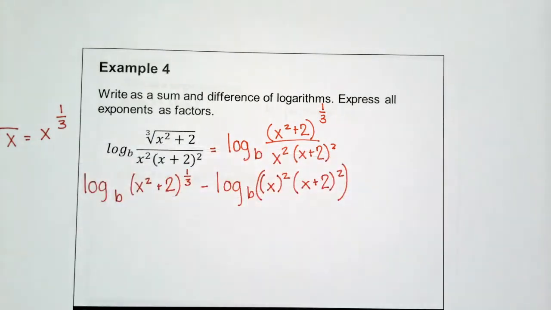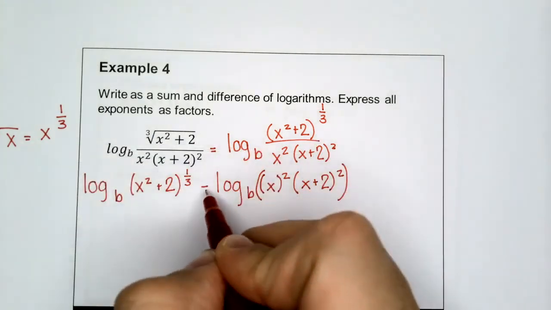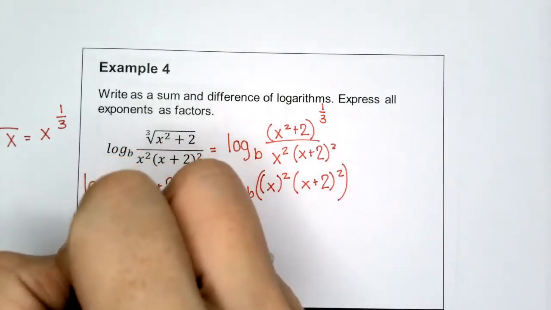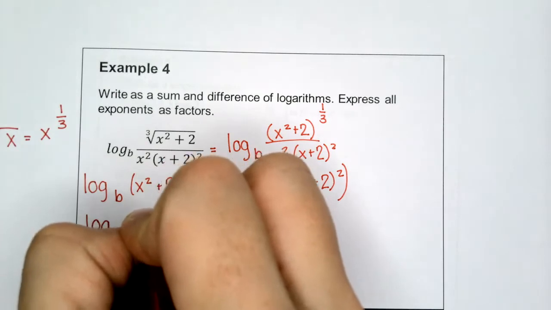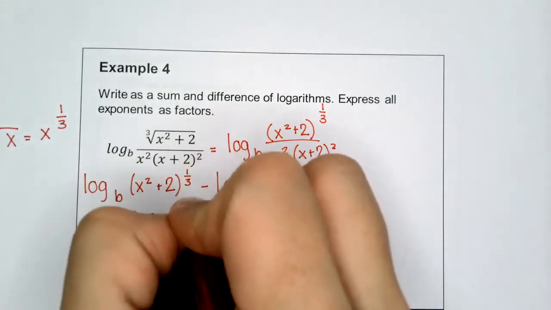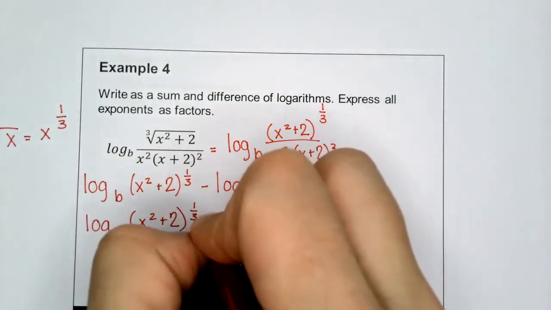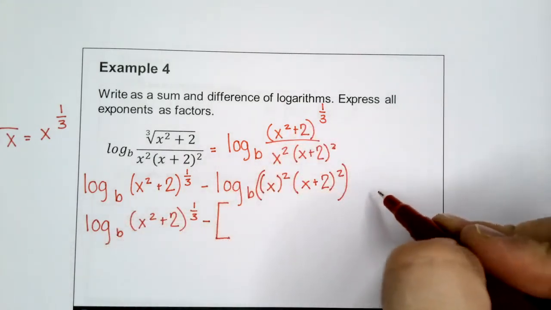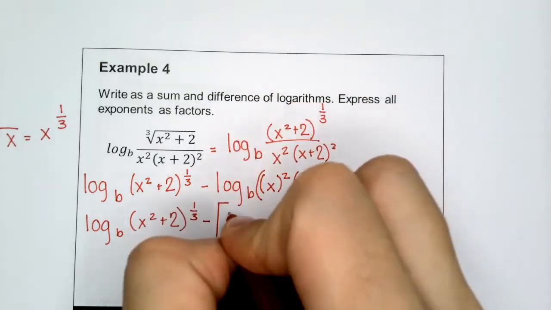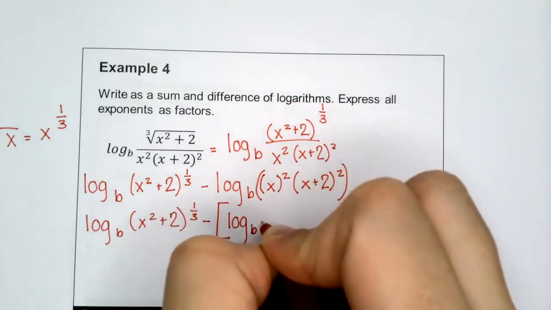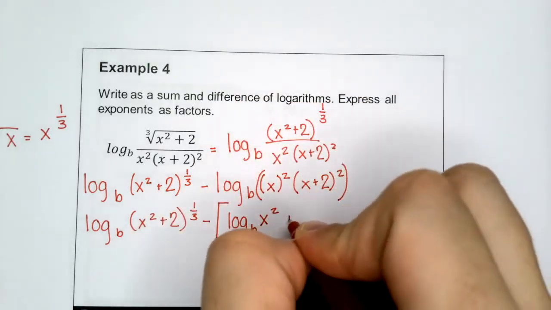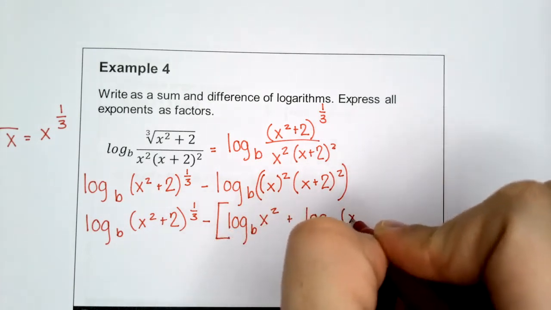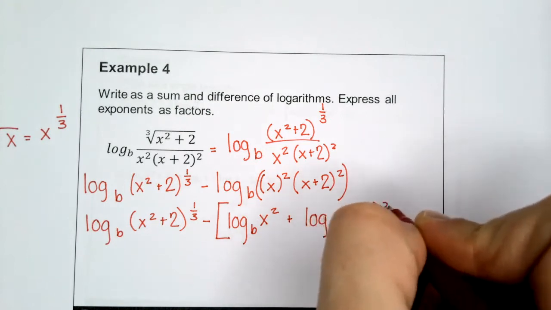So I'm going to rewrite that as an addition. So we have one subtraction and we'll have one addition. So we have log base b of x squared plus 2 to the 1/3 power minus, and then I'm going to put brackets here because I need to distribute that minus sign through both log b of x squared and log b of x plus 2 squared.